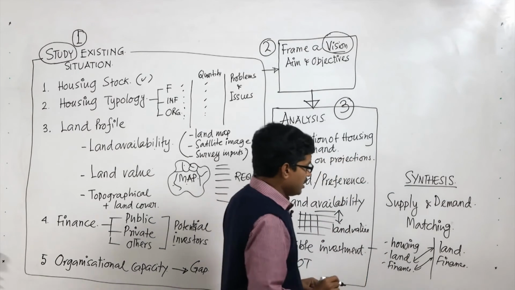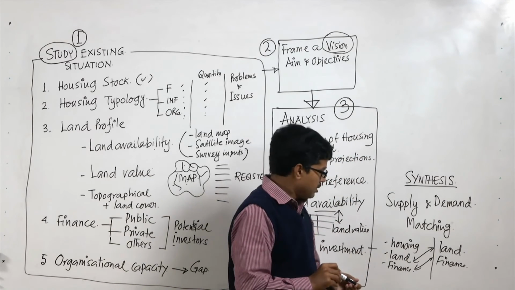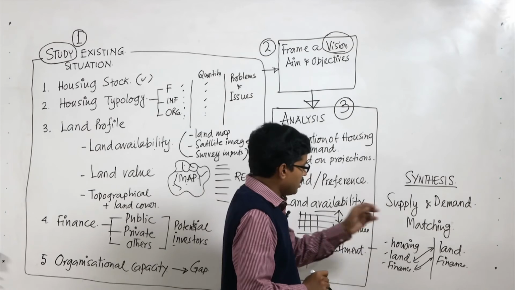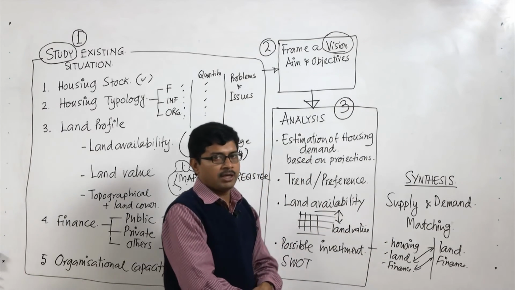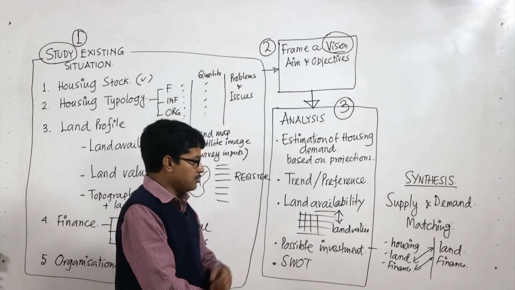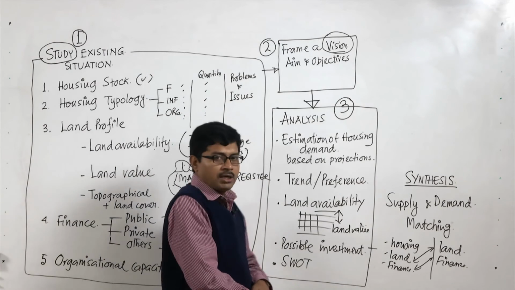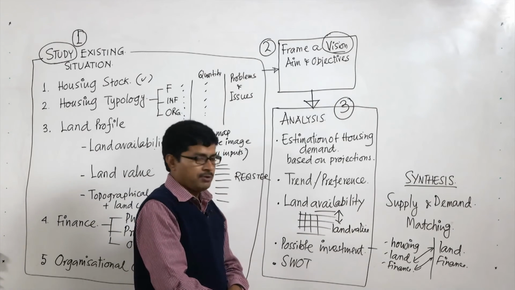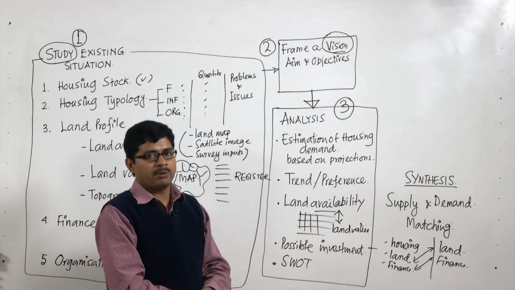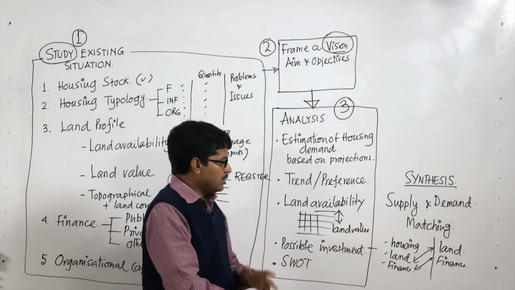Let me take an example. In any city, you find that the future housing requirement for the next 5 years is say 50,000, but for 50,000 population, if you consider 500 per hectare, you need 100 hectares of land.